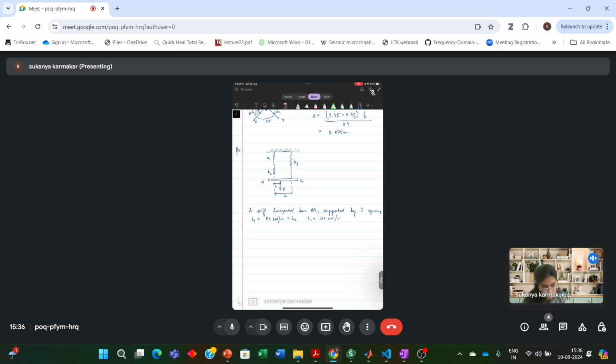This bar AB has to remain horizontal under the load P is equal to 1 kilonewton, and you need to find out how much does this bar move. So basically you need to find out the deflection of this.